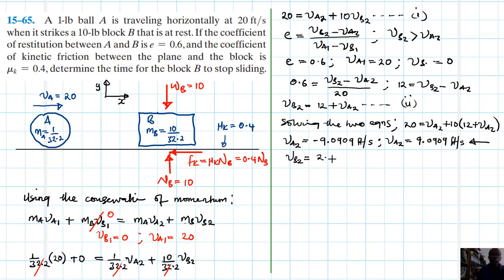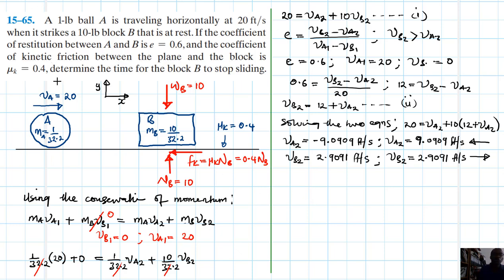This is 2.9091. So our VB2 is equal to 2.9091 feet per second, and it's going in this direction.